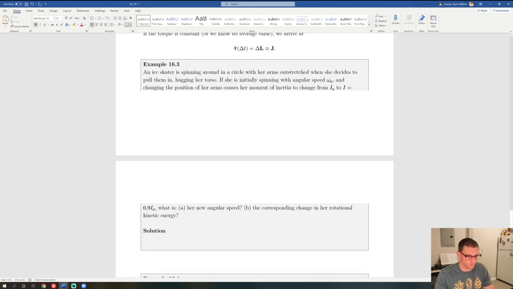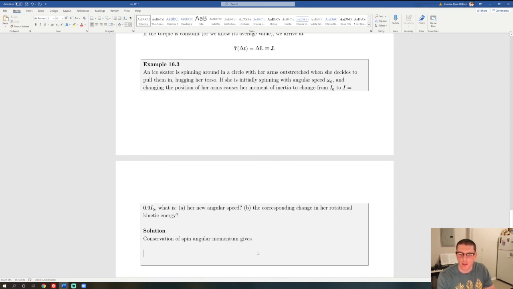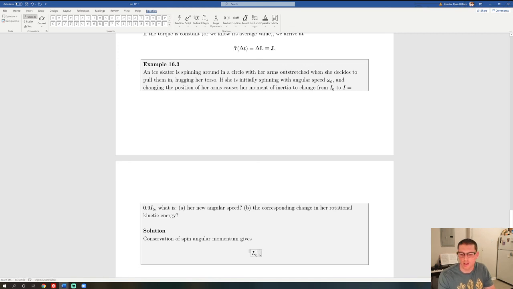So let's say conservation of spin angular momentum gives, and we'll say that the initial angular momentum, we're going to focus on the magnitude here, because we're not told which way she's spinning, and indeed it doesn't really matter if all we care about is the magnitude.